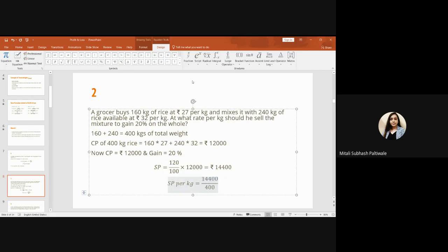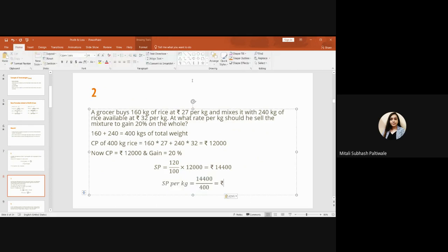So this will become 14,400 by 400, that would become rupees 36. Okay, so here it is. All right, we are done with this question as well. A grocer should sell it for rupees 36 to gain 20% profit on 400 kgs of rice.